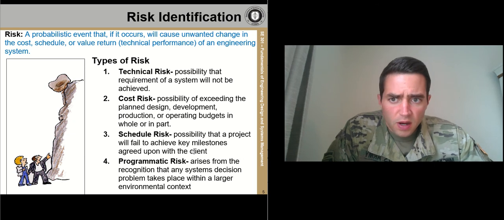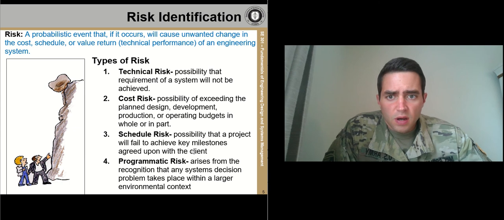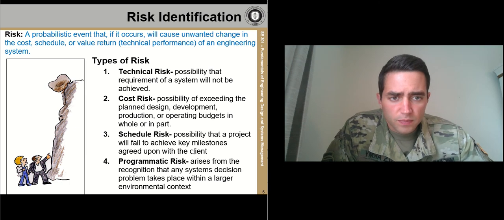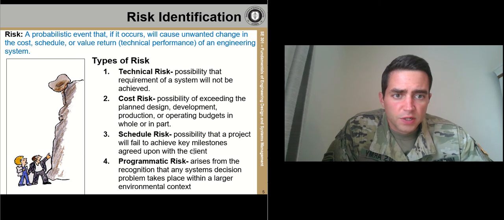Cost risk. With cost, we think not just monetary cost, but we think resource cost, or constraints, or I guess time would be another resource that we have that we could consider in cost. It's the possibility that a project will exceed what's budgeted for it.